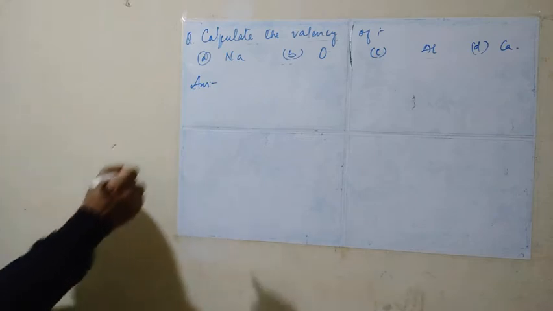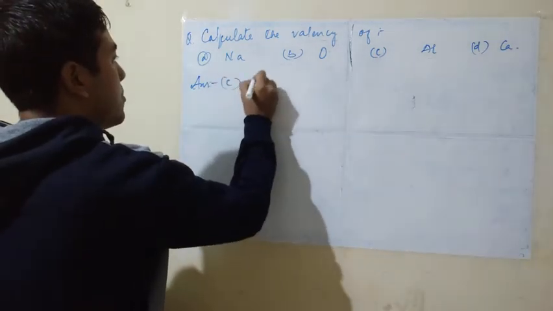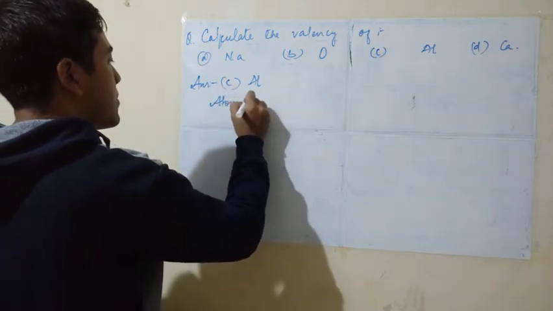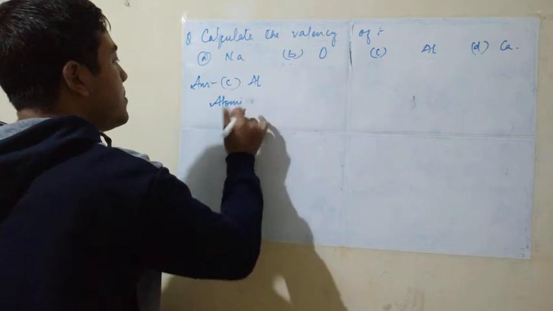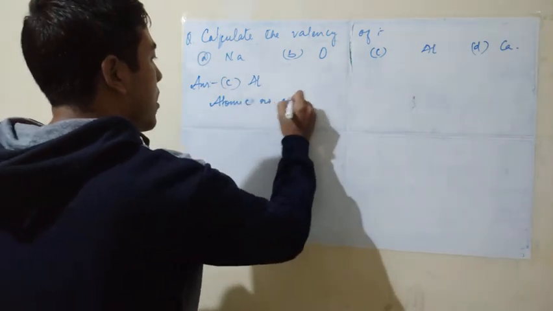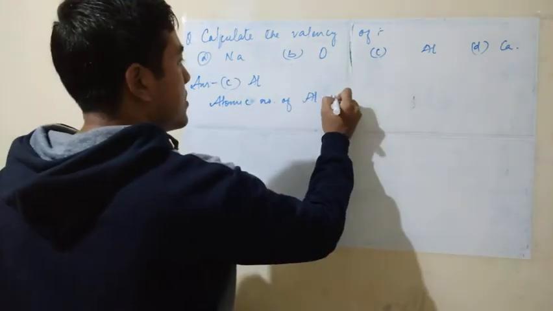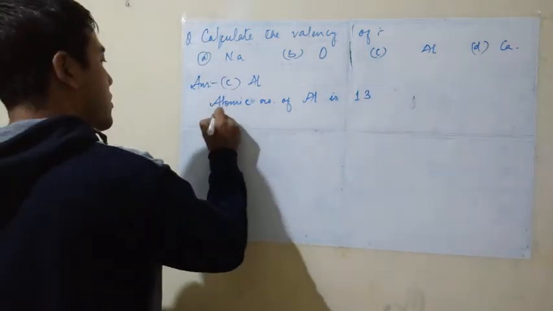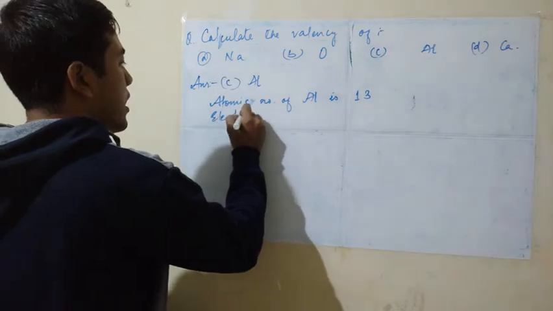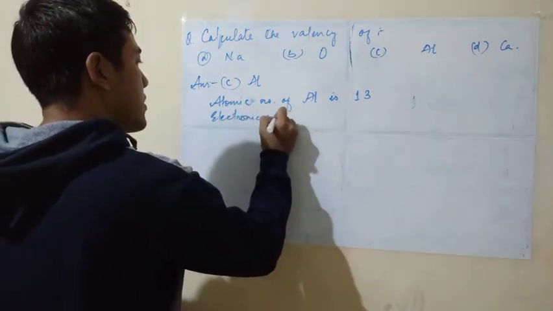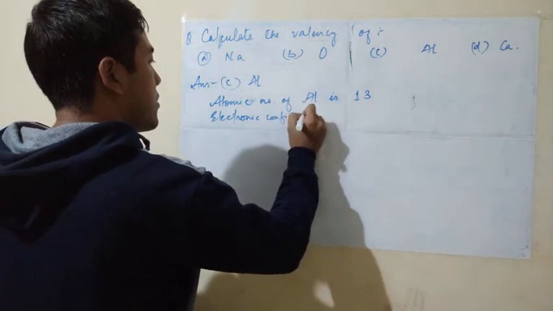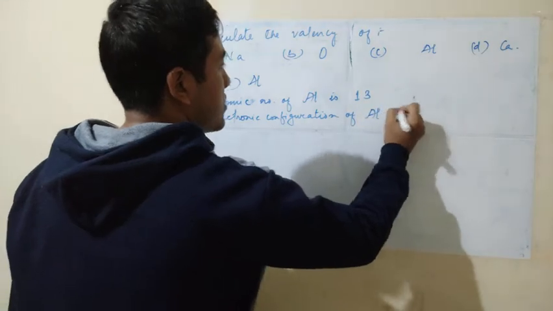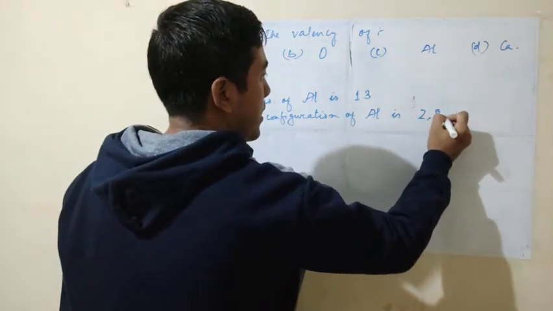Now, next, number C, that is what? Aluminium. Atomic number of aluminium is 13. Electronic configuration of aluminium is 2, 8, 3.